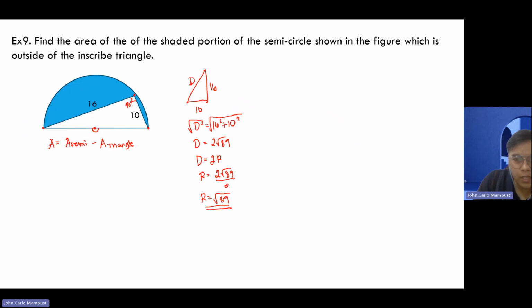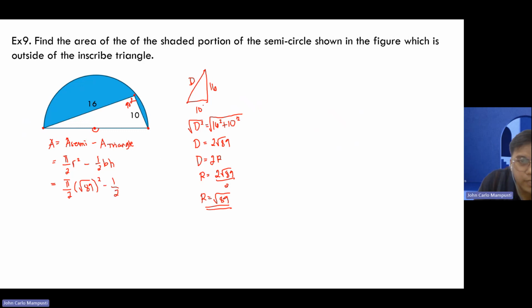Pwede na nating hanapin yung area ng ating semicircle. So area ng ating semicircle, this is pi over 2 r squared minus 1/2 base times height. Sir, paano po naging over 2 yun? Hindi po ba pi r squared? Kasi nga semicircle to, di ba? So, hinati natin sa dalawa. So, kaya nga divided by 2. Okay? So, this is pi over 2 square root of 89 squared minus 1/2.